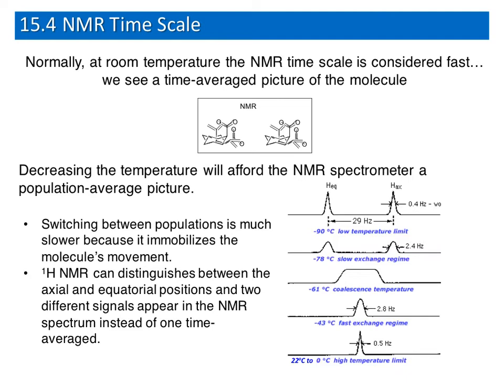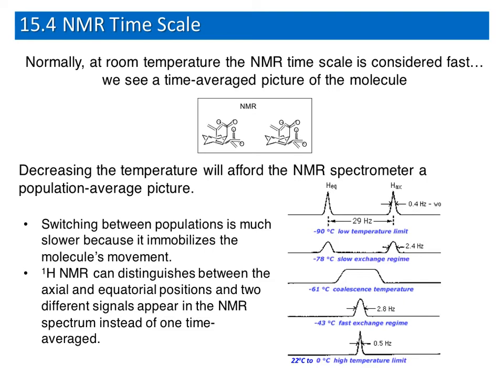Now if we run NMR at low temperature instead of room temperature, so if you have a liquid and you have your sample in it and you decrease the temperature, this will immobilize the molecule and makes the chair flip happen much slower. That helps the hydrogen NMR to distinguish between the chair conformations and the axial and equatorial positions.